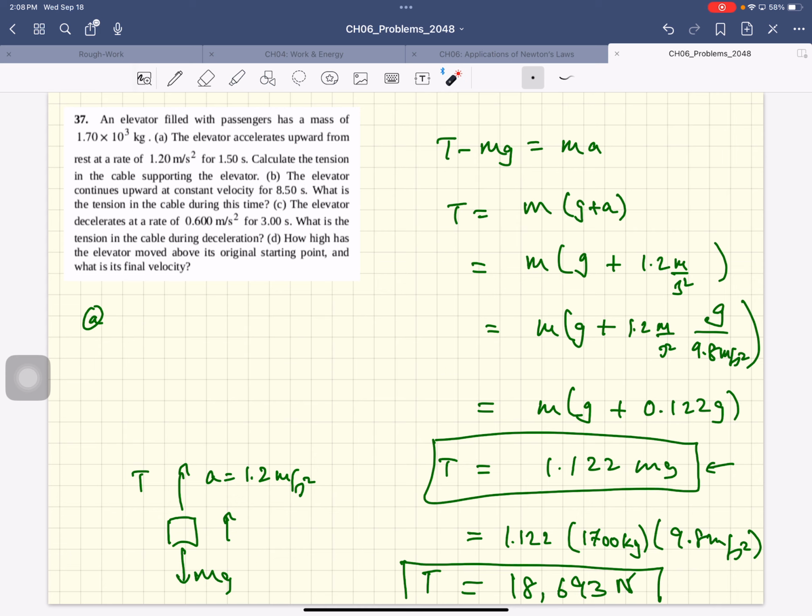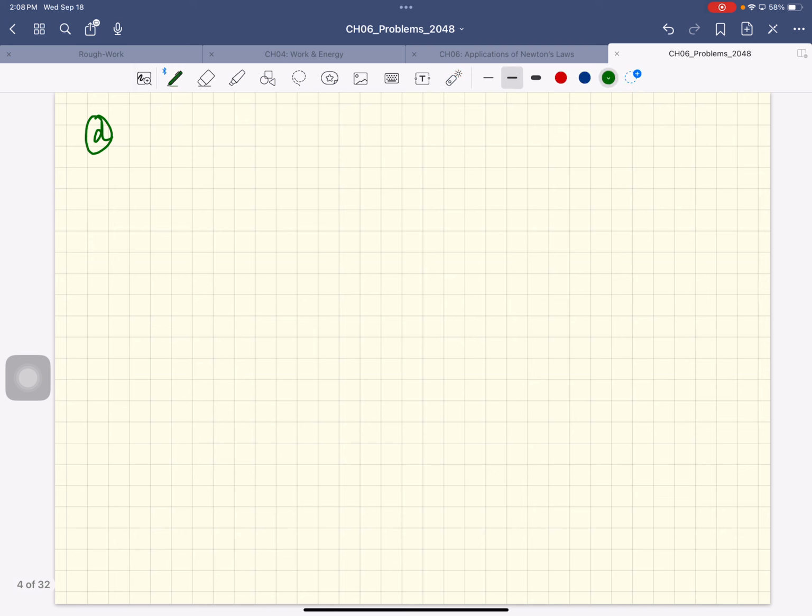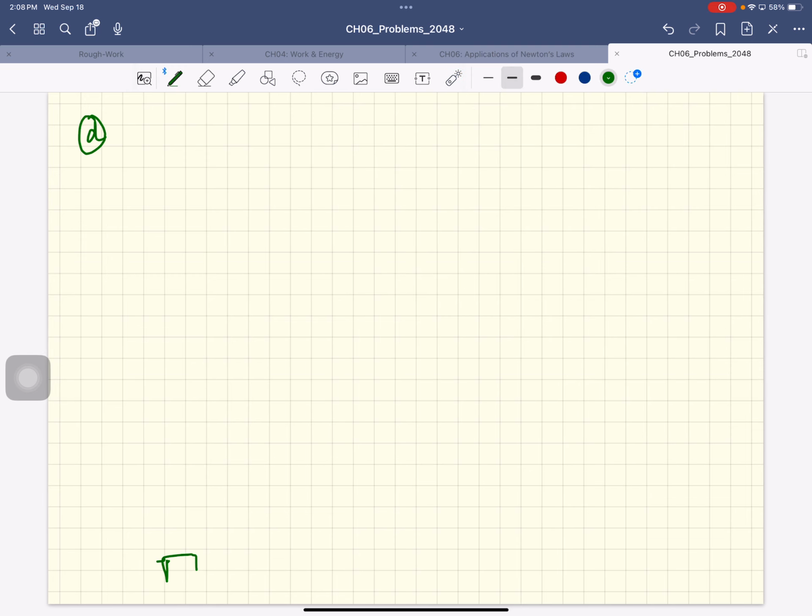The first part was you start off at rest, 1.2 meters per second squared. Then constant velocity for 8.5 seconds. Let's write all of that. You start off at rest, v naught equal to 0.